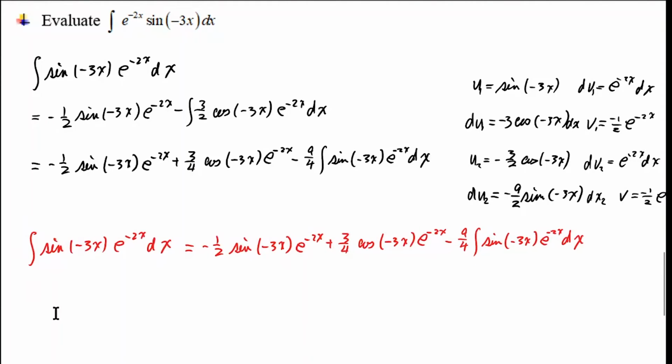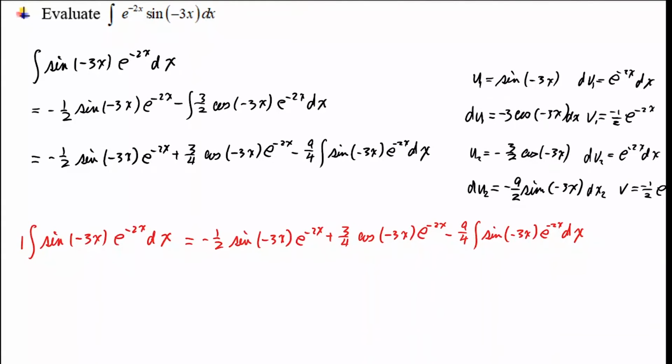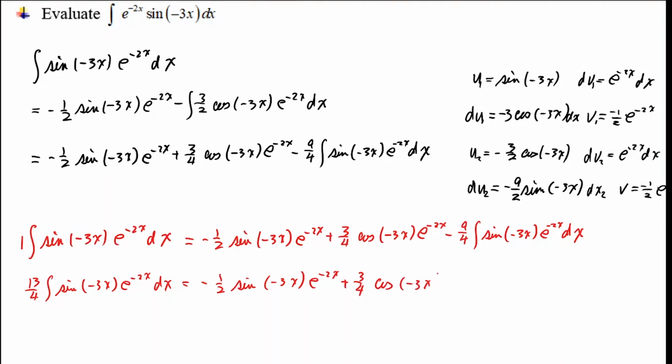Can I move this thing over to the other side? Because this is 1 right here, this is 1, and this is 9/4, so I add to the other side. What's 1 plus 9/4? Is it 13/4? Yes. And then this integral of sine negative 3x e to the negative 2x dx is equal to negative 1/2 sine negative 3x e to the negative 2x plus 3/4 cosine negative 3x and e to the negative 2x.